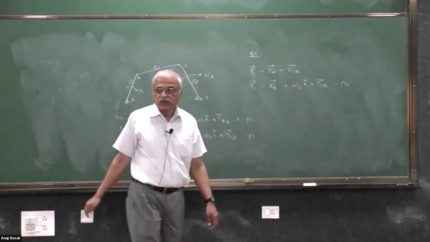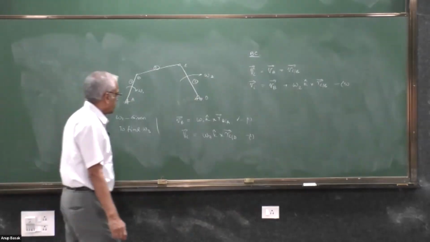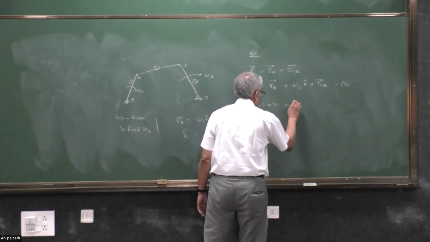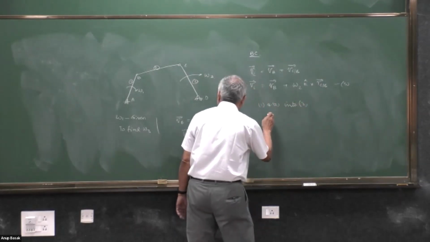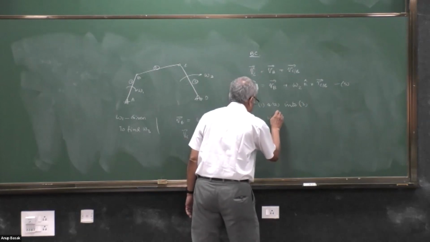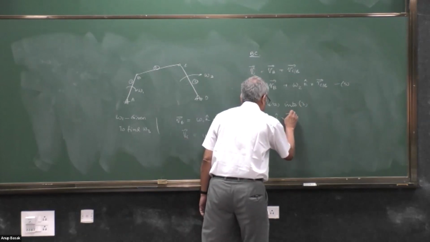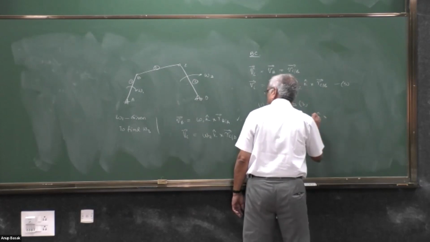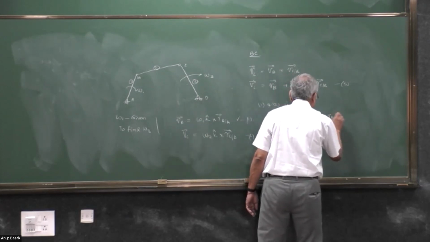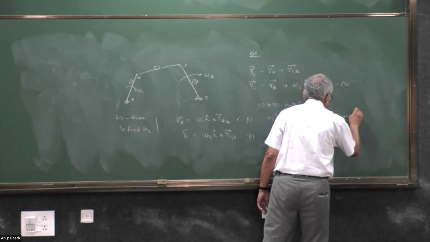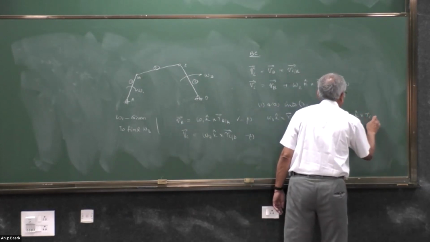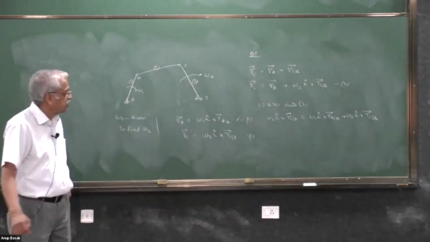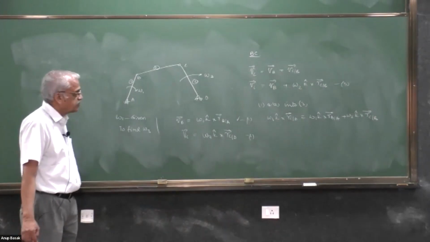If you substitute 1 and 2 in 3, let us see how many unknowns and how many knowns there are. So substituting 1 and 2 into 3, what we get is omega 3 K on the left side, and VB is omega 1 K. This is one vector equation.